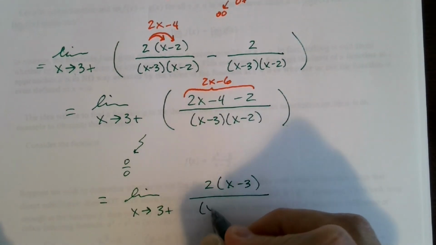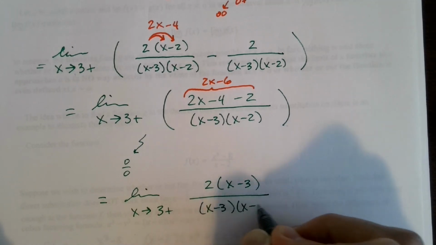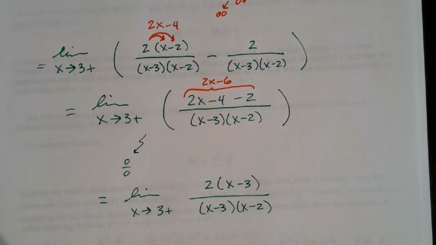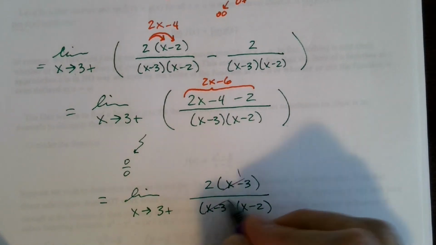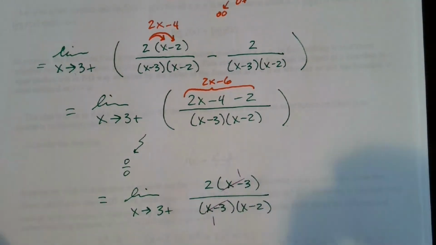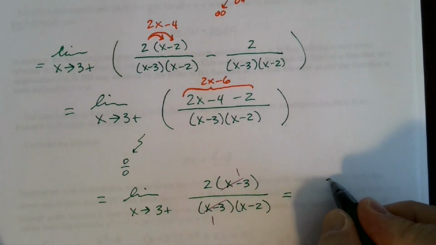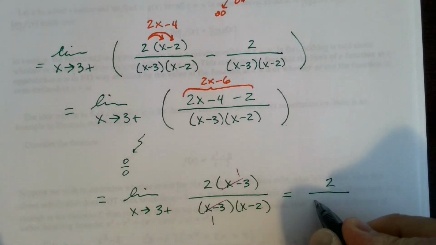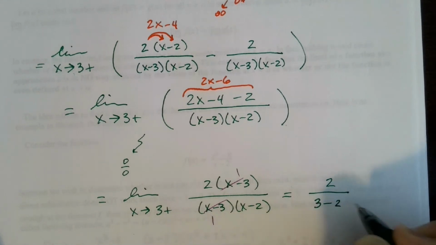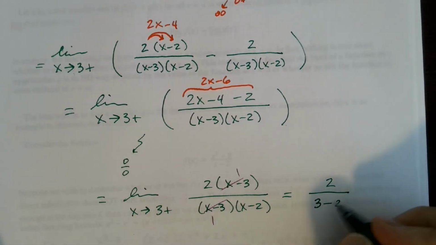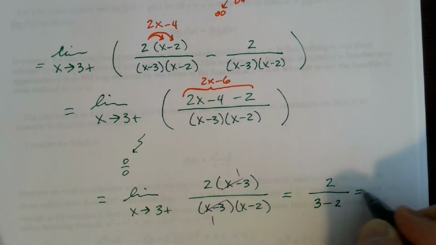And there's my common factor of x minus 3. And so it's just 2 divided by x minus 2, and I can plug in directly now, right? Replacing x with 3. 3 minus 2 is 1. 2 divided by 1 is just 2.